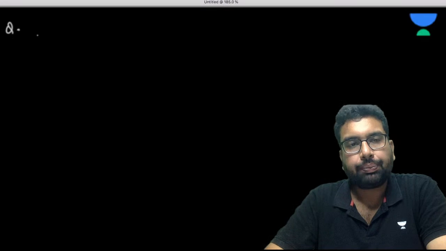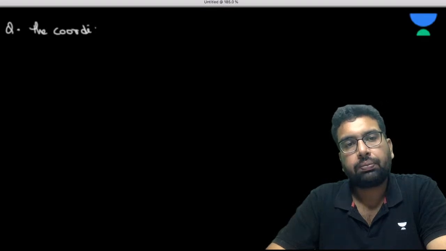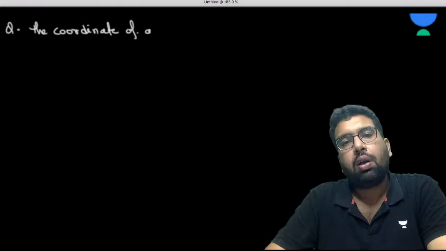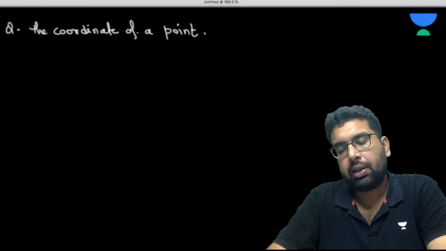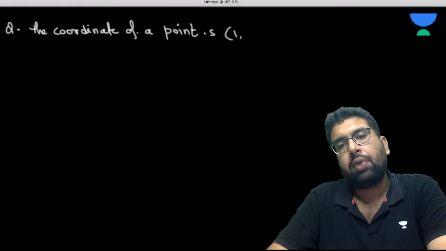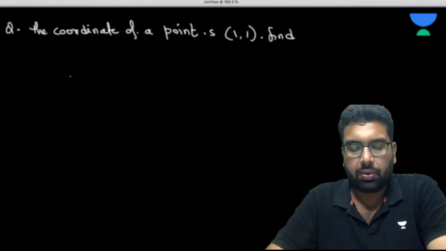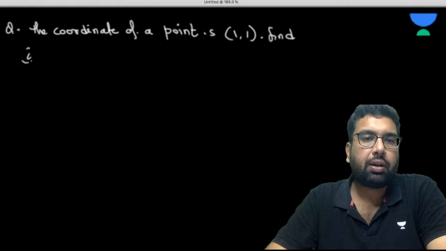So let's say the coordinate of a point is 1, 1. Now you need to find what? We need to find its position vector.